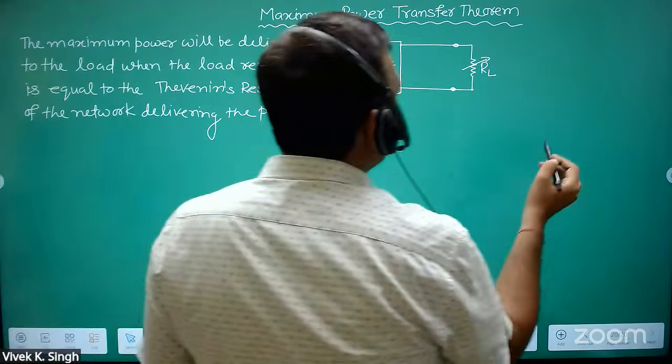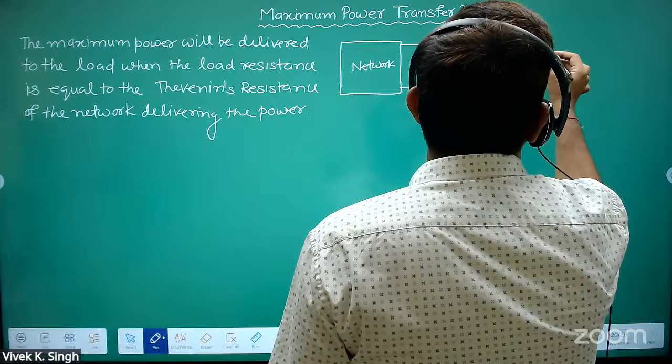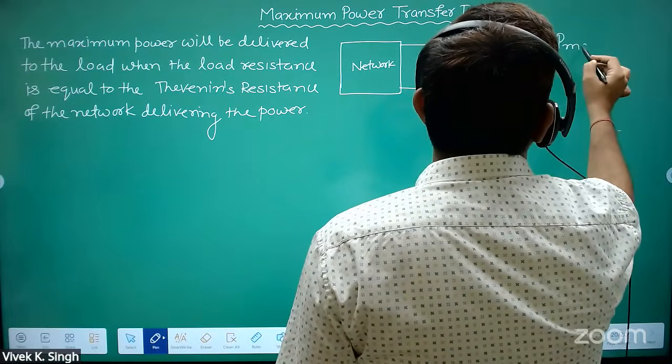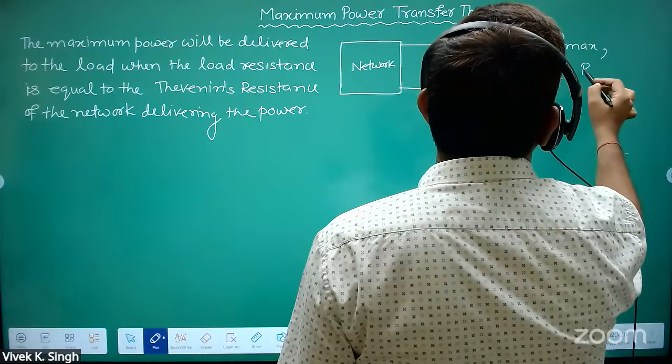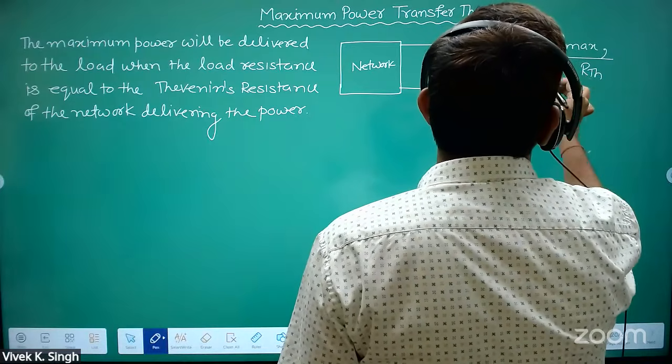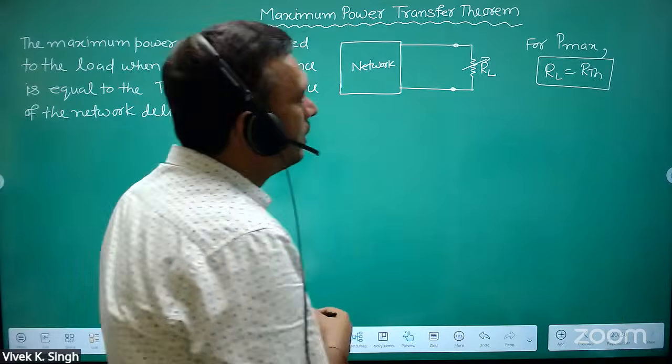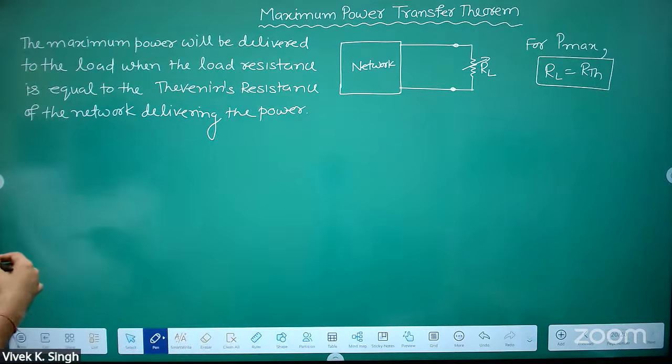Means you will see for maximum power, RL should be equal to Thevenin's resistance of the network delivering the power.